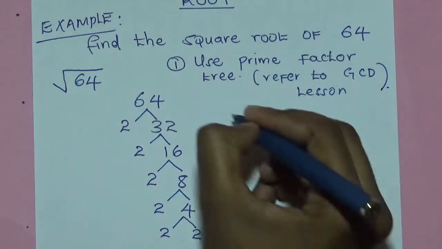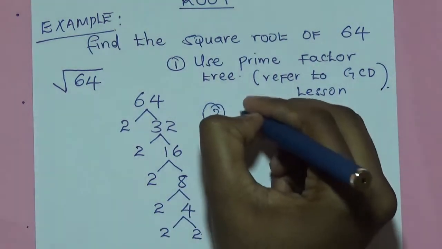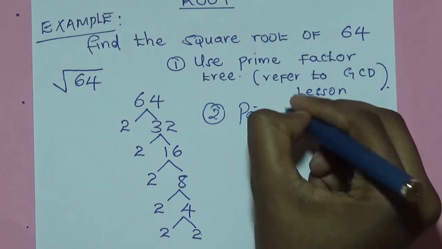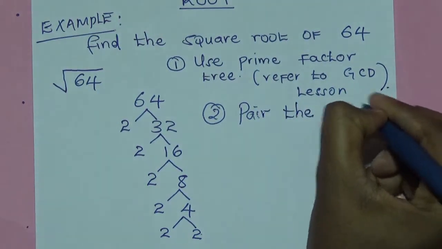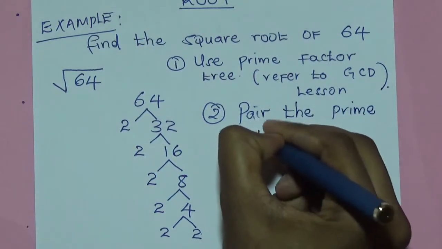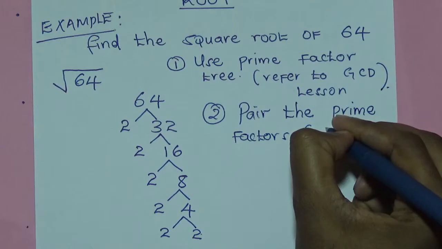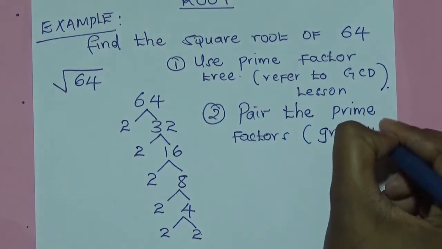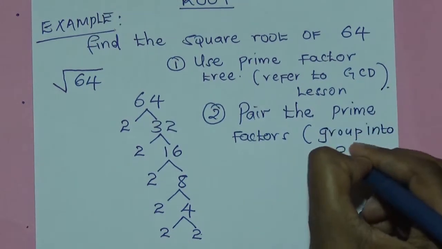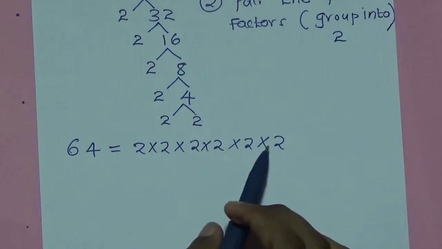So we got to the second step. The second step is to pair the prime factors. What I mean is you group them into 2. These are the prime factors.